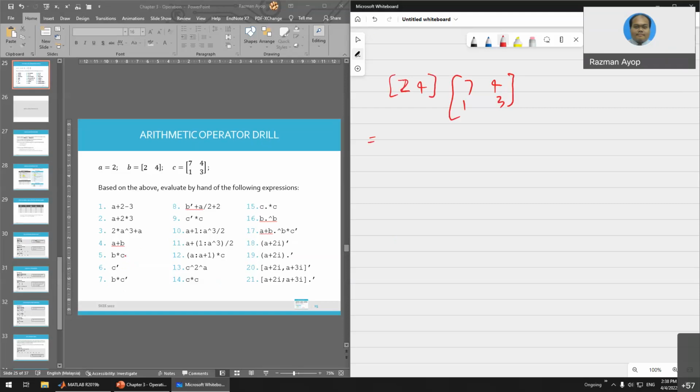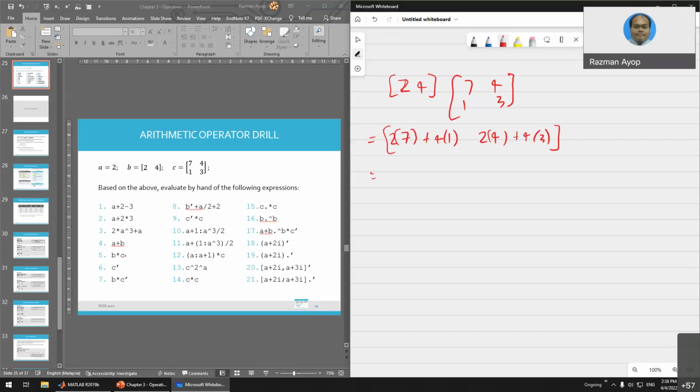This one you have to do yourself. So 2 times 7 plus 4 times 1, and then 2 times 4 plus 4 times 3. So this is the matrix operation.